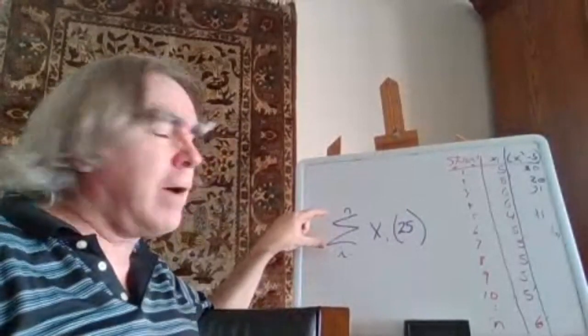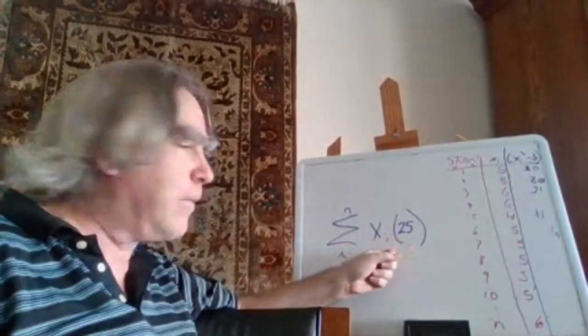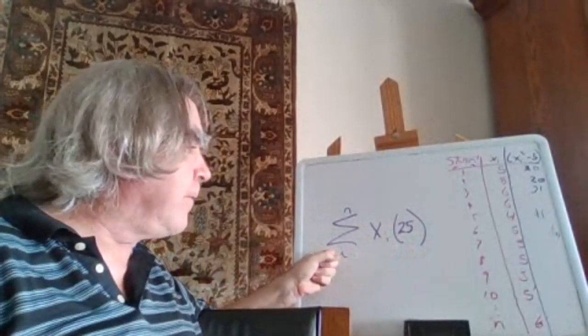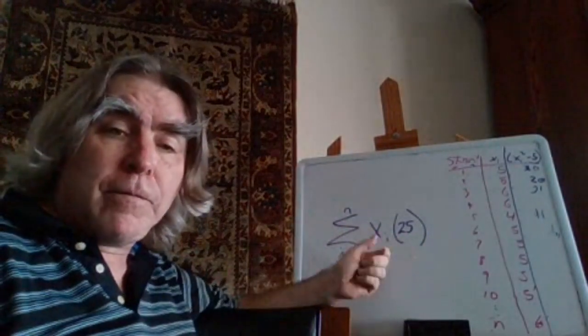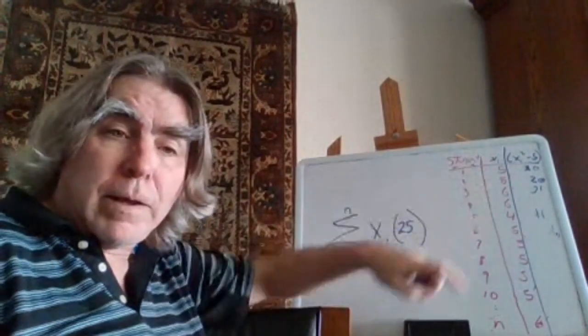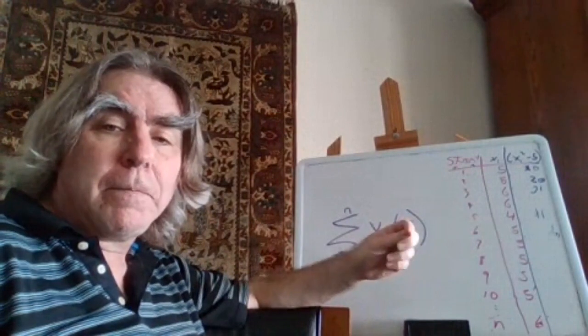Okay. So what is behind the sigma? It's x times 25 for each of the x's, starting from the first to the end, and then when we compute it for each of the n observations, we add them all together.